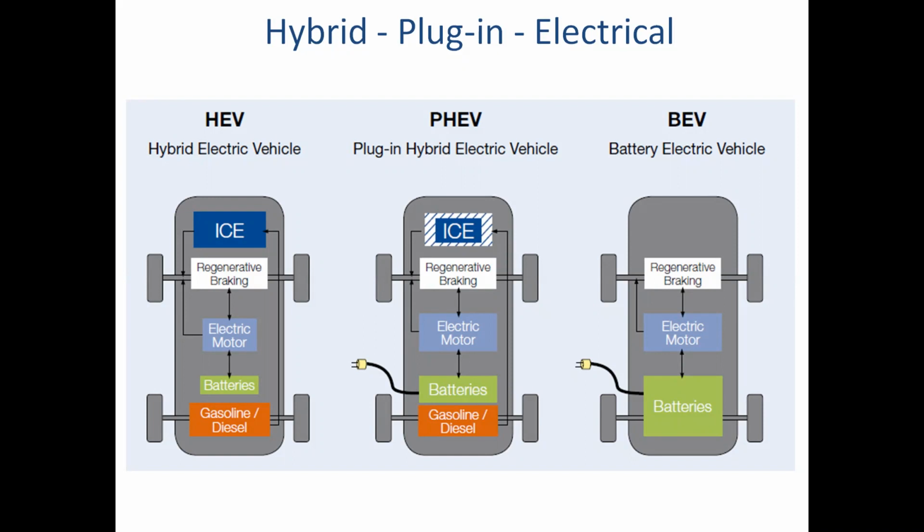So there is regenerative braking. Regenerative braking is connected to the electric motor, and there is a battery, a pale green color battery. The pale green color battery is connected to the electrical motor, and the electric motor is also connected through the transmission to the wheel. So hybrid electrical vehicle, first left side figure.